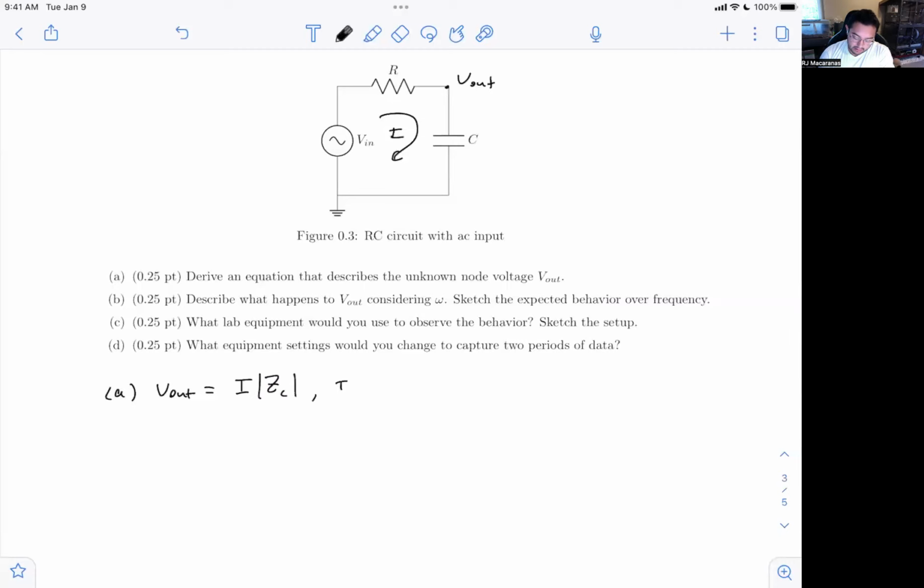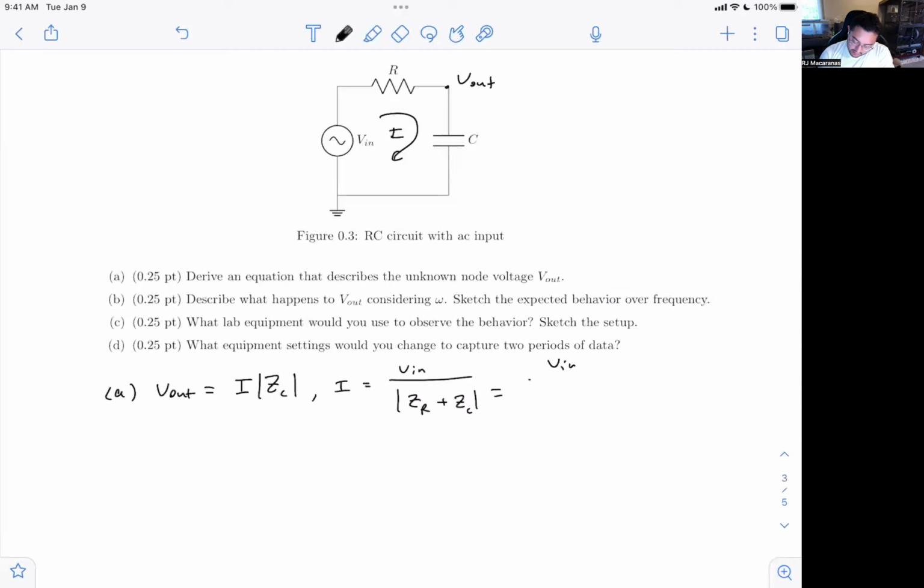So what is I? So the current I, we're applying V in across this network of R, right? So is the impedance of R plus the impedance of that capacitor.